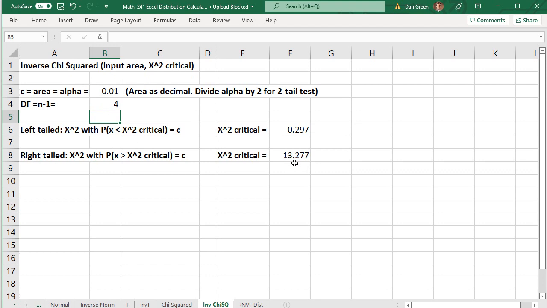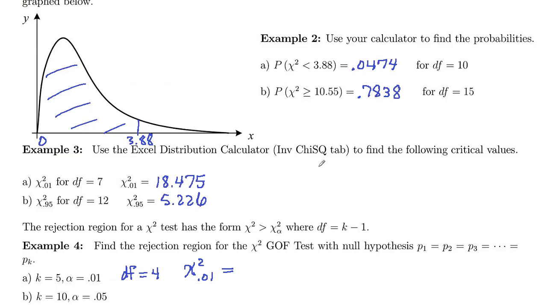That's a right-tailed test, 13.277. I'm saying right tail here because the rejection region for a chi-squared test is of the form chi-squared greater than a critical value, which is right area. So it'll be right-tailed.